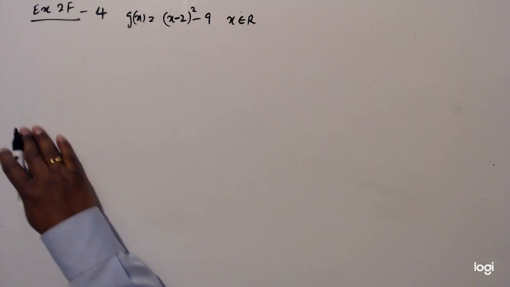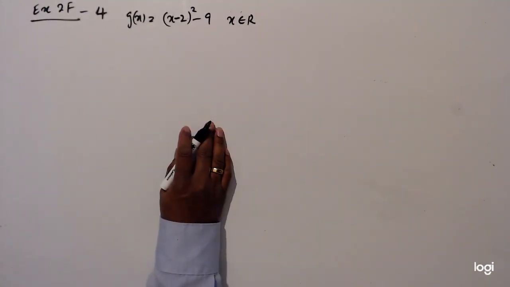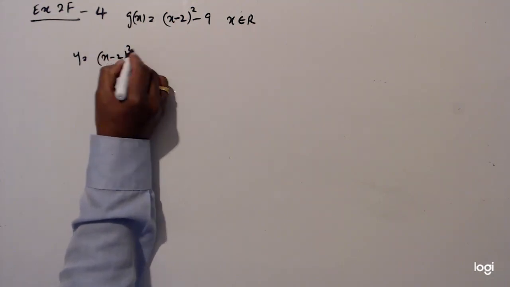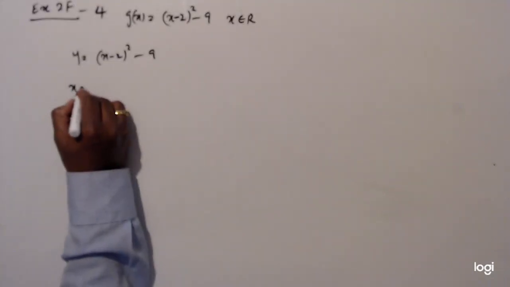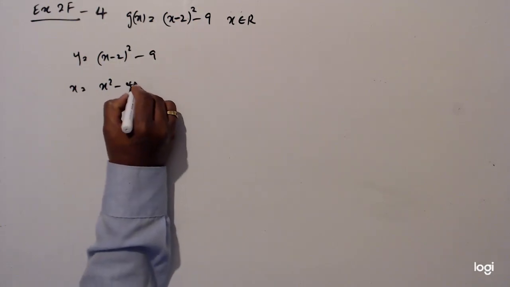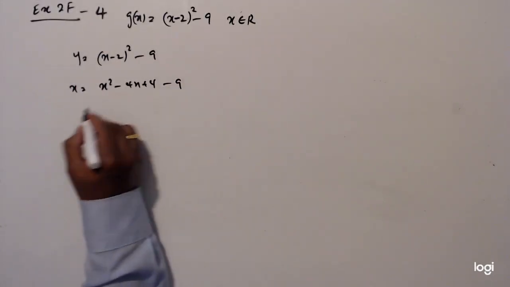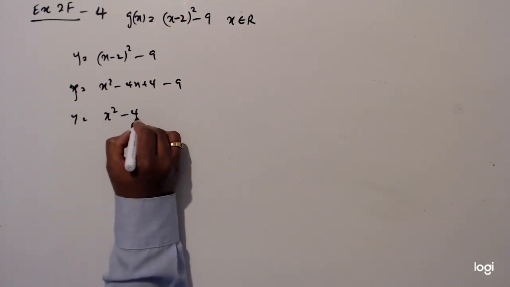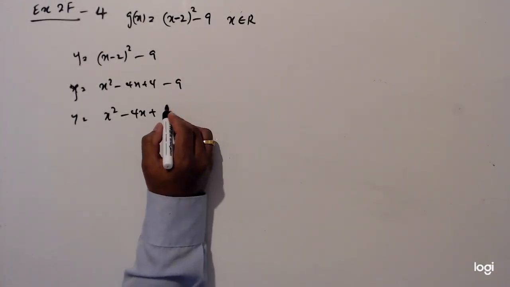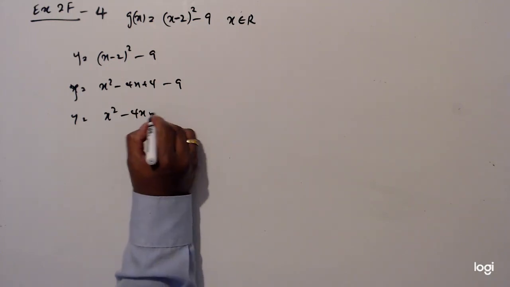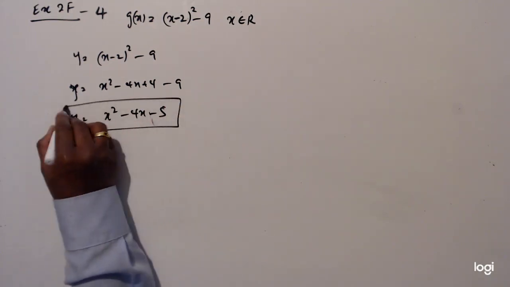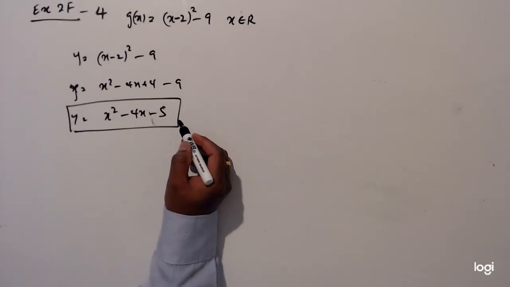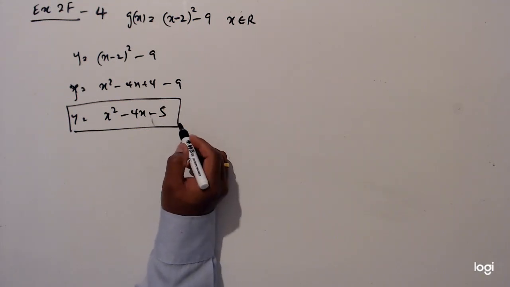This is a quadratic graph. To revise you, I will do (x minus 2) square minus 9. So I'll expand this: x square minus 4x plus 4 minus 9, then x square minus 4x minus 5. So this is the quadratic graph. So to draw the graph, what you usually do is complete the square.